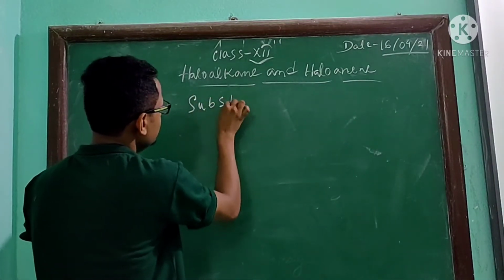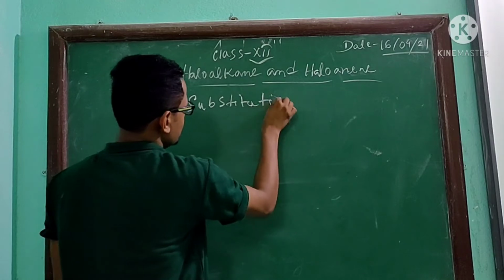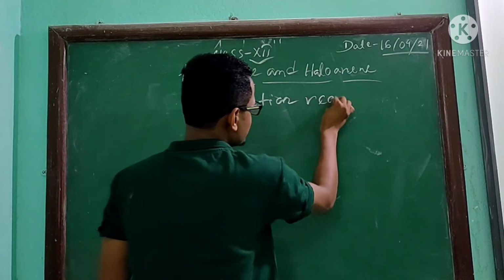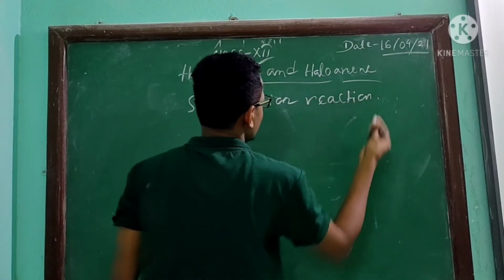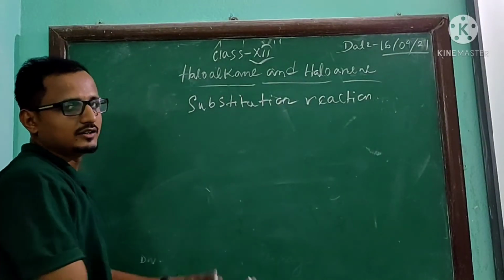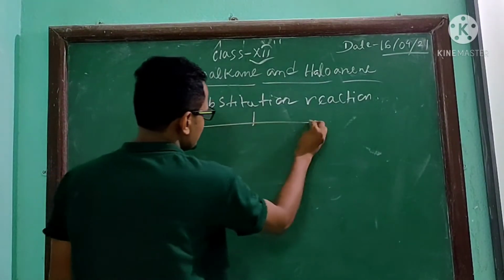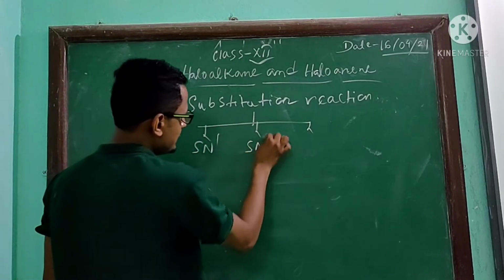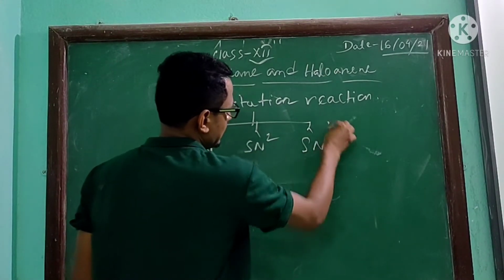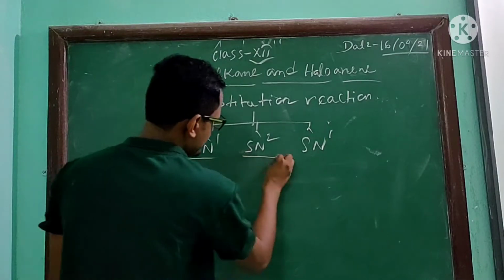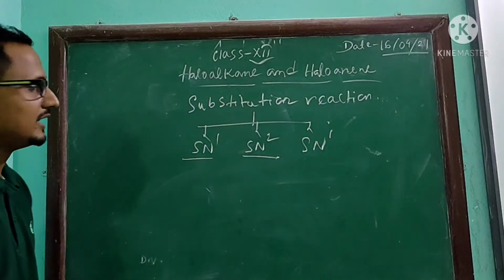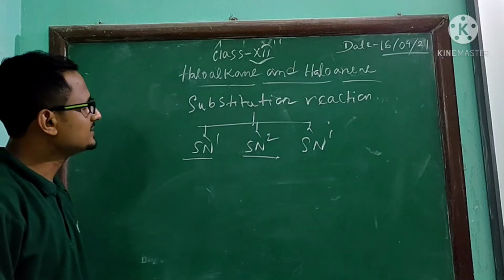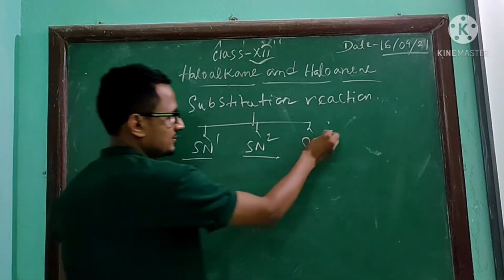You know that these are of three types: SN1, SN2 and SNi. Today we will discuss only SN1 and SN2, and if time permits, we will try to discuss SNi also.